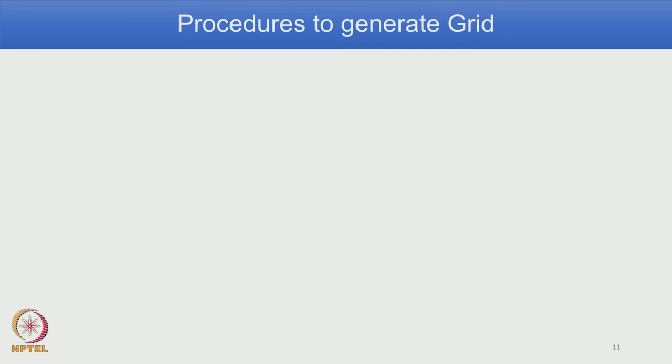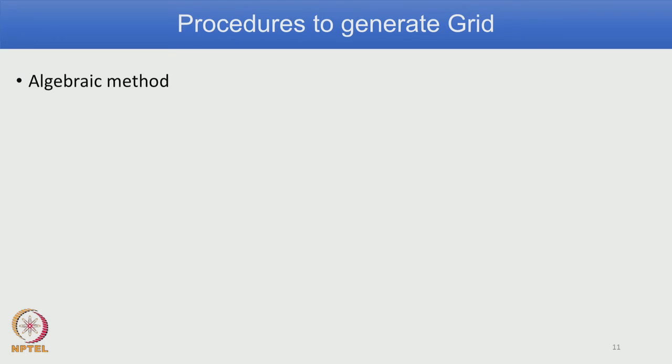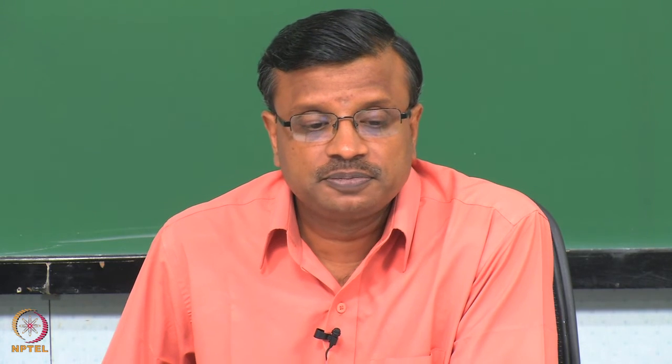So, we have seen different examples for different types of grid. There is a separate procedure available to generate a grid itself. We are not going into the details of the procedure, I am just going to mention it. One is known as the algebraic method, where you just solve algebraic equations to get the grid.